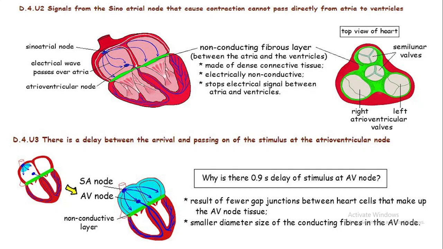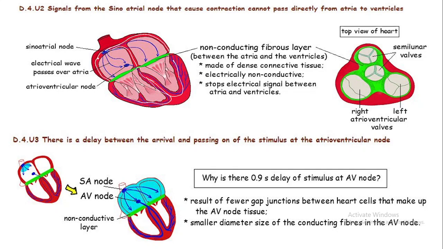But these weaker impulses are sufficient to activate the next set of nerve cells, called the AVN, the atrioventricular node. From here, the impulses are regenerated and transmitted through the ventricles.